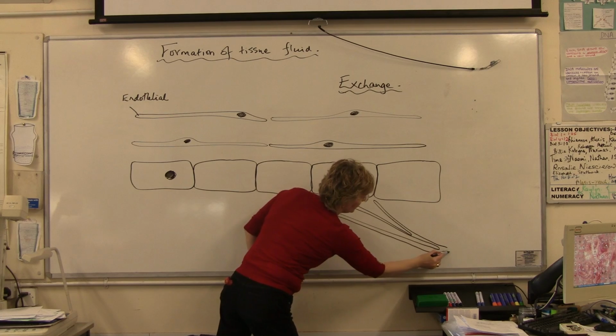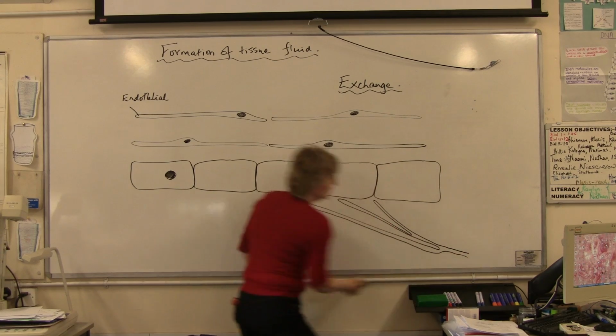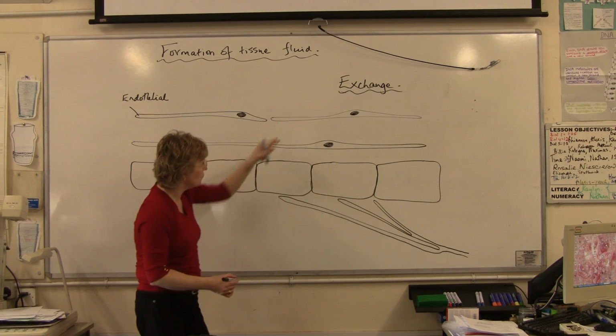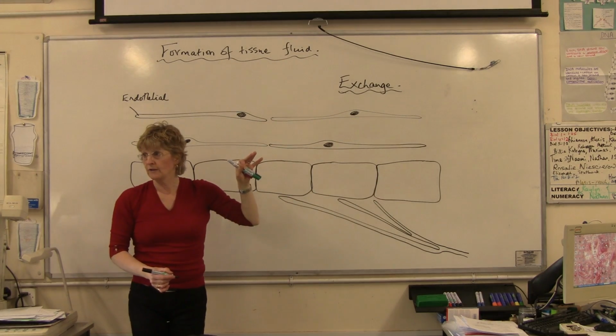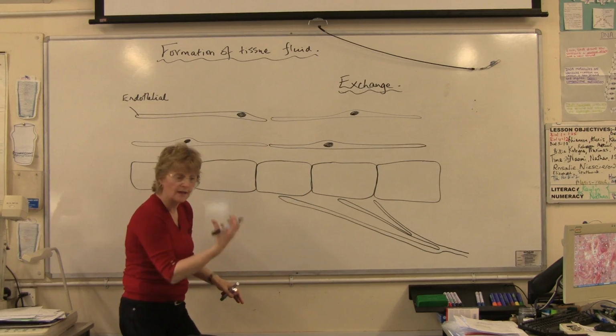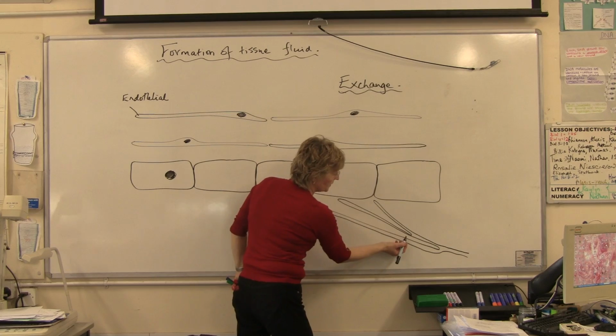They're blind-ending tubes. And they form a network that returns the excess fluid that drains from the tissues to the circulation. So this is not a closed system. It's a drainage system. But you still have valves.